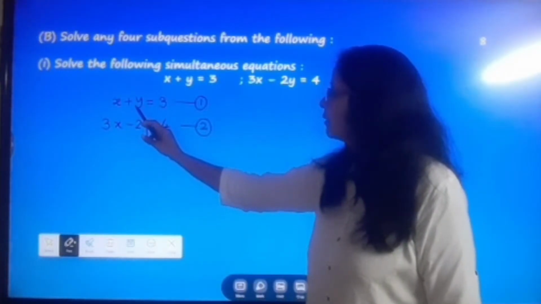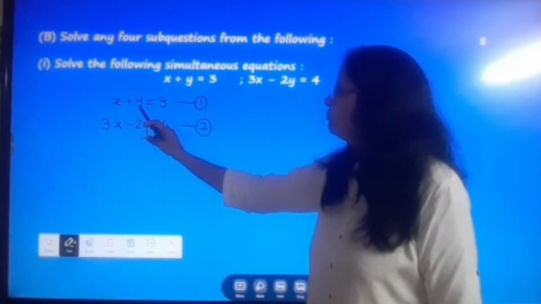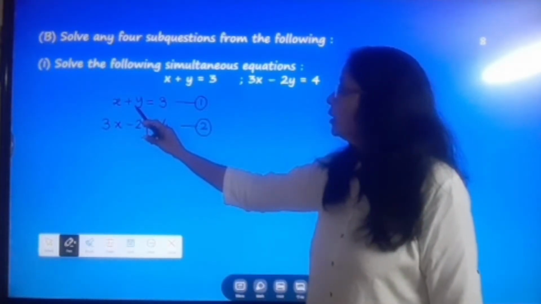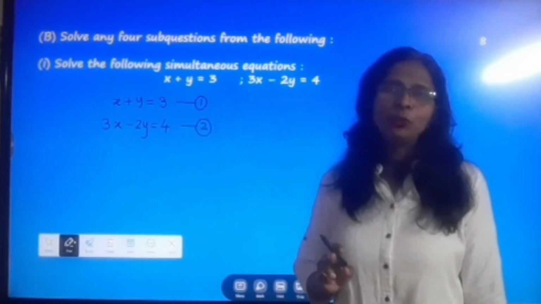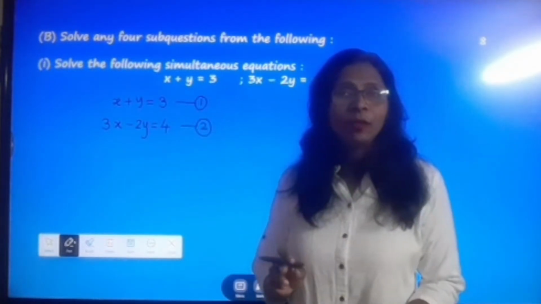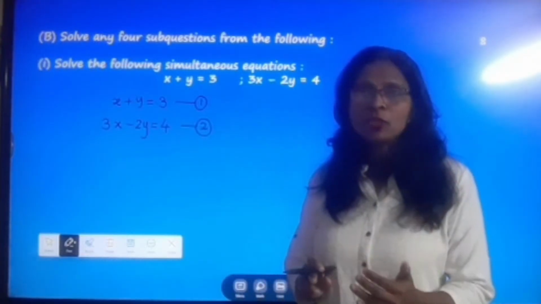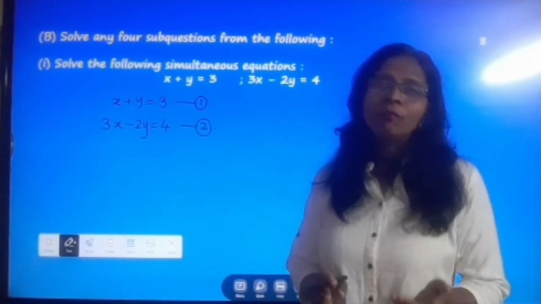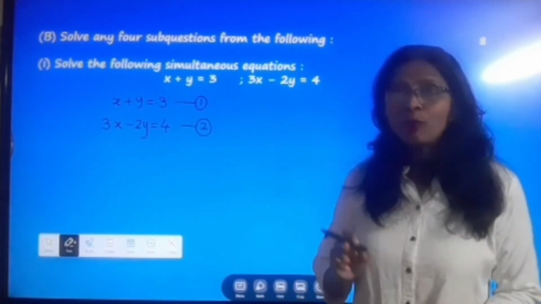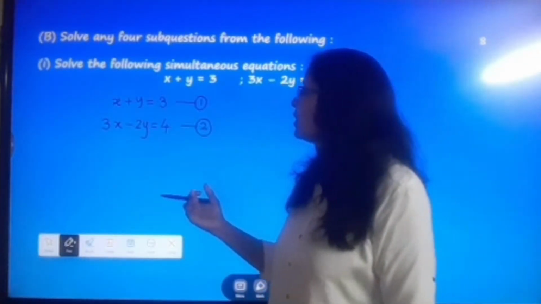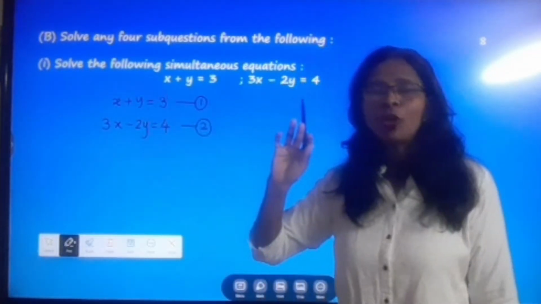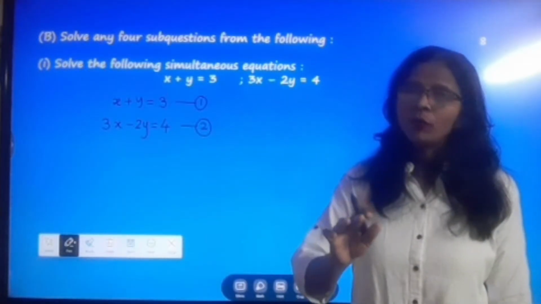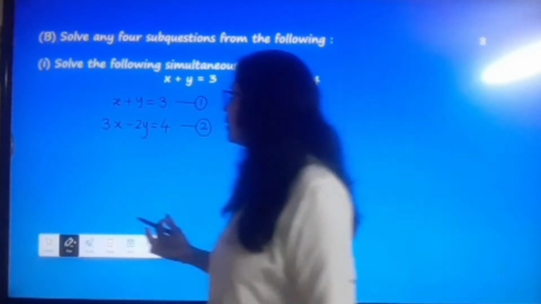And if in the first equation there is a coefficient of 2, then plus 2y and minus 2y will get cancelled. So how can we get the coefficient of y as 2?